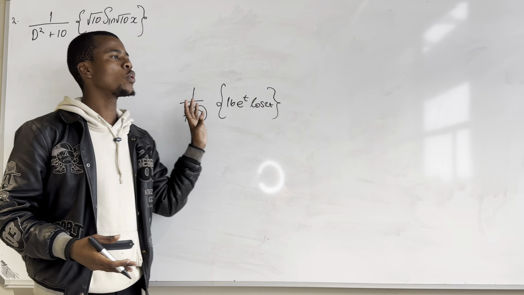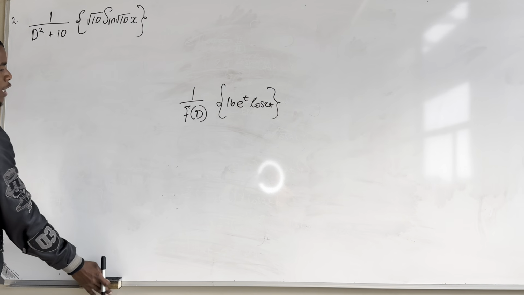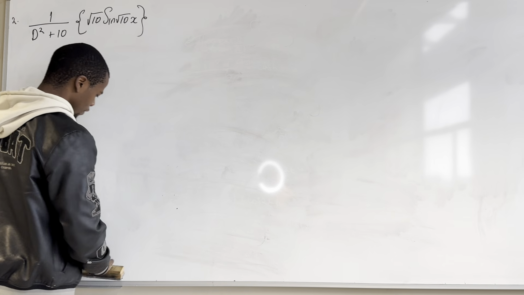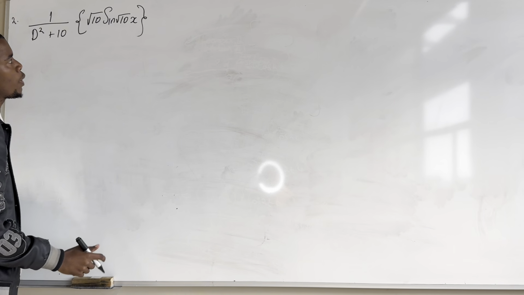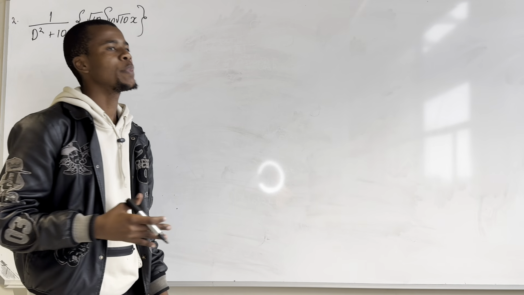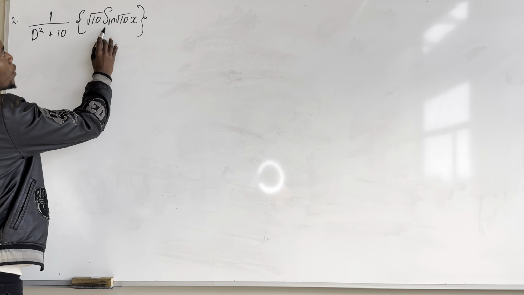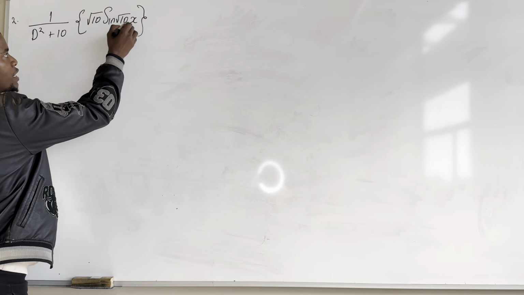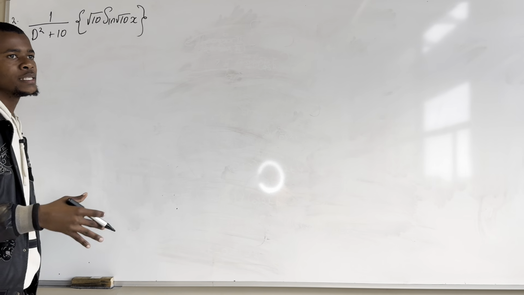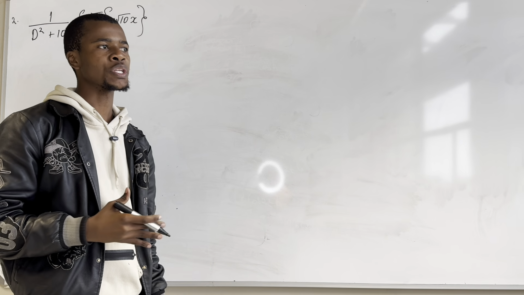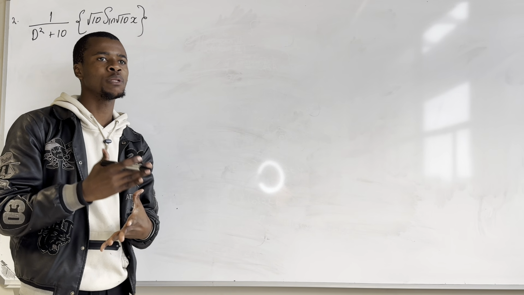But here we don't have e to the power of at. We only have a constant, which is the root of 10, and then we have a sine root of 10x. That is theorem number 3. So we're going to follow theorem number 3.